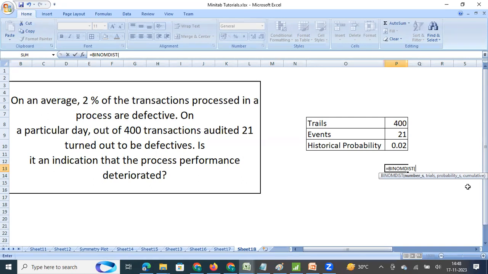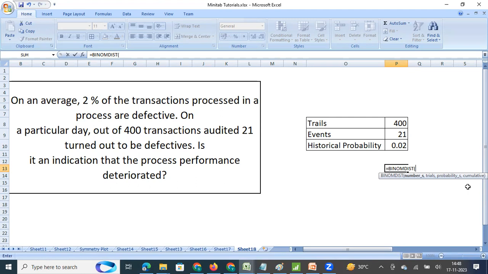In the beginning of this video, I explained that if I want to know the chances of me getting 5, then I call it probability. The chances of me getting anywhere from 1 to 5, I can call cumulative probability. So in this case, we are going to understand the cumulative probability of me getting anywhere from 0 to 20 errors.